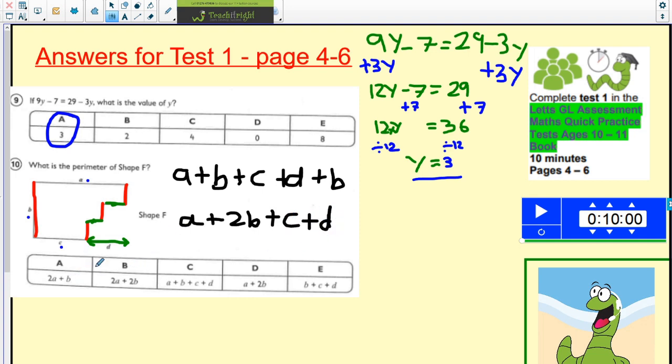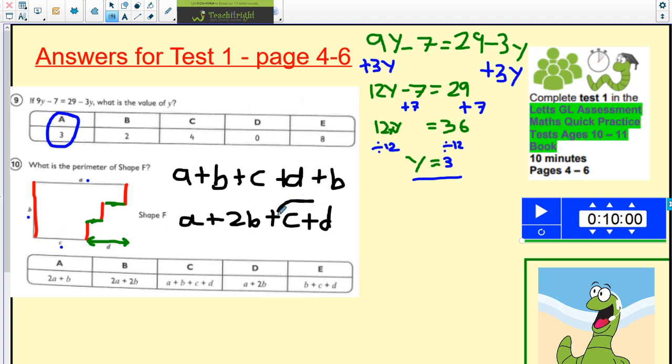So let's have a look. We've got A plus B plus C plus D. Well, I suppose the other way of thinking about it, because we're not wrong, is that A and C and D are the same length.